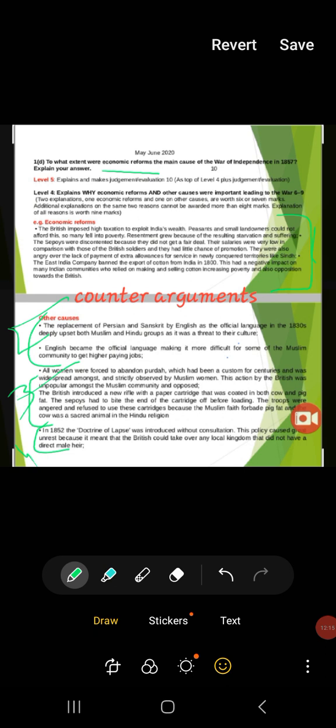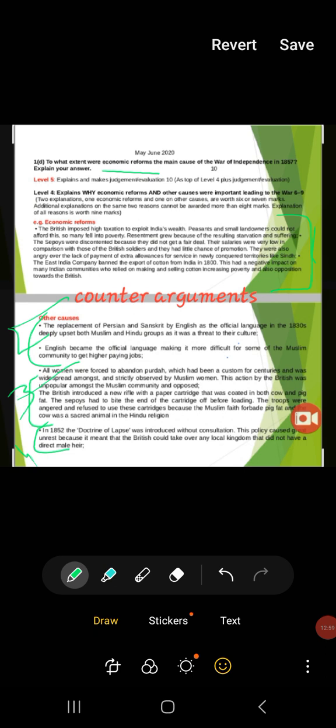So the best judgment from your side is that if you write that though economic reforms have paved the way for the War of Independence in 1857, but there were other reasons as well, which include the abolition of parda and the introduction of doctrine of lapse, and introducing English as official language, which created resentment among the Muslims as well as Indians who could not get good jobs. So these points should be included in your judgment in order to give a balanced viewpoint.